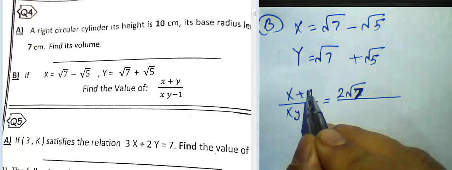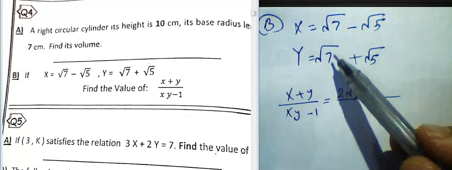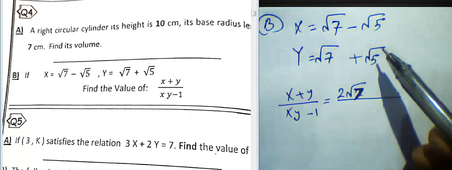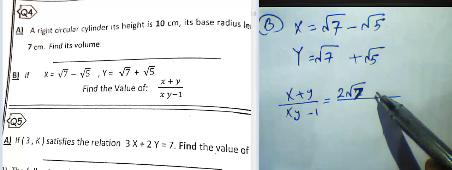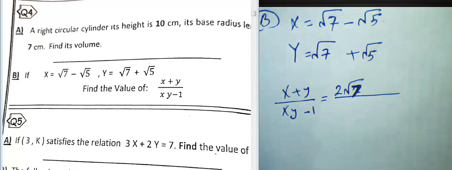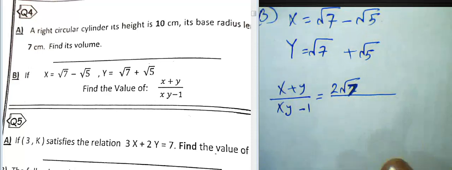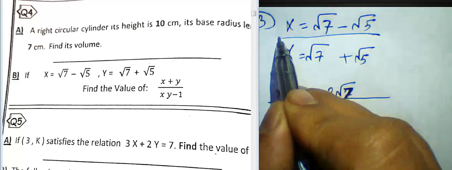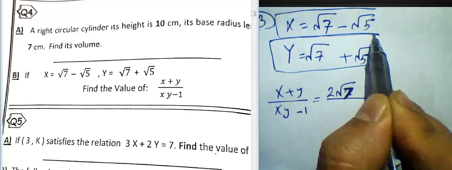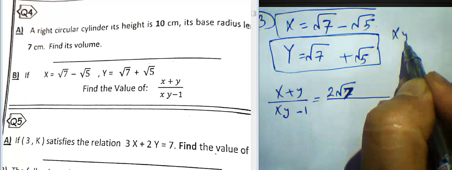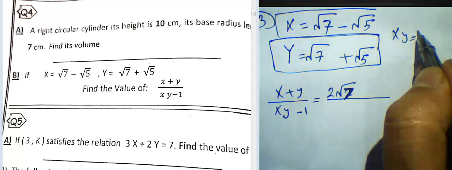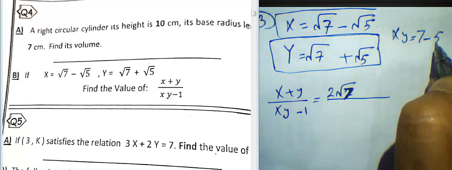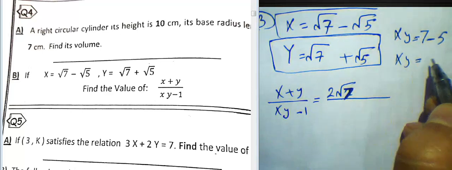Again, x plus y, we can add them. Root 7 plus root 7 equals what? Equal to 2 root 7. And the negative root 5 plus root 5 equals 0. We can't write 0 here. And in the denominator, x multiplied by y, we know we have the conjugate terms, x and y. For the multiplication of x and y, we find first times first equals 7, subtract second times second, which is 5. So x times y will be 2.